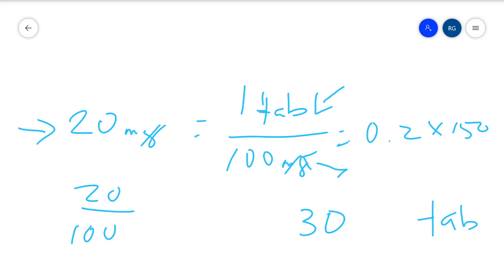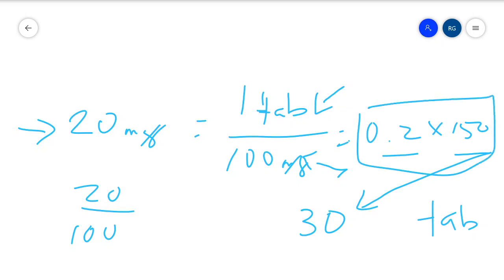You can't. If we multiply that by 150, we should get 30 tablets, because that's the total amount of what we're needing. So first break it down as to how many are needed per mil, and then we can end up with this situation right here.